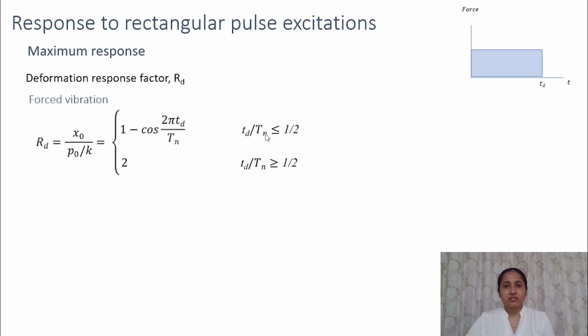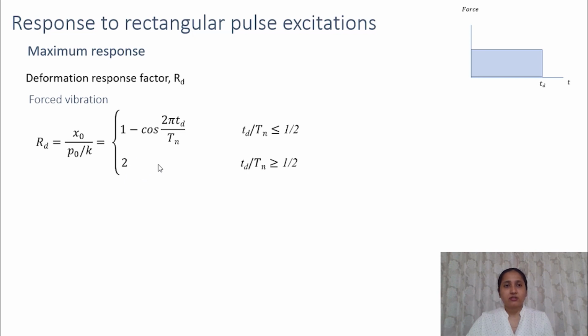So when Td by Tn is less than 0.5, the expression for Rd is this, that is 1 minus cos 2 pi Td by Tn. And when the Td by Tn ratio is more than half, then the maximum amplitude is 2. The maximum amplitude will be 2 times the static deformation, so the maximum value of Rd is 2.